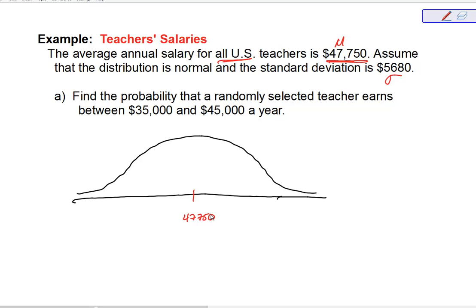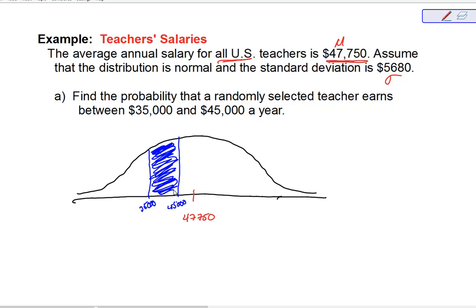We want to find the probability that a teacher earns between $35,000 and $45,000 a year. So $45,000 is going to be over here, and $35,000 will be about right here. So we want to know what this area or the probability of this happening is.